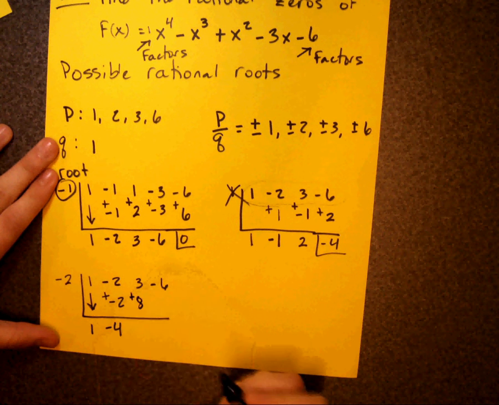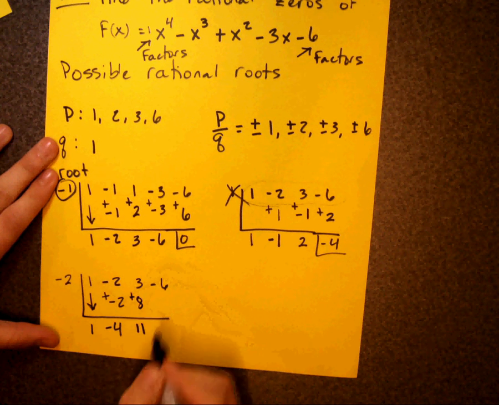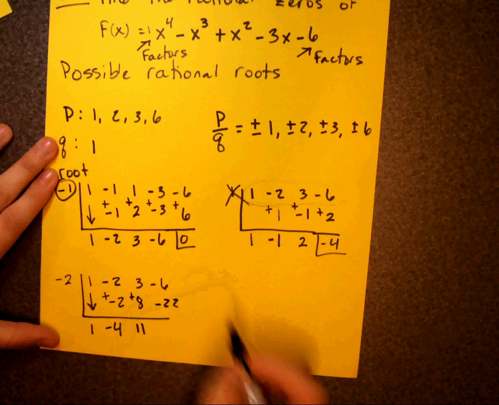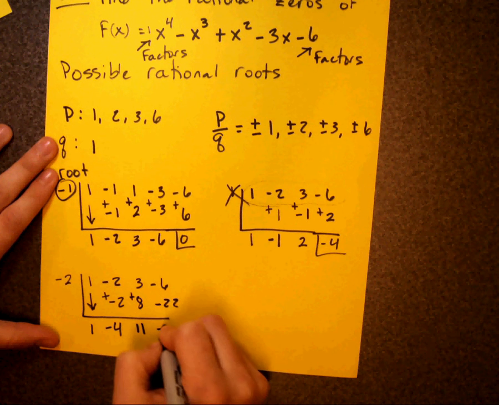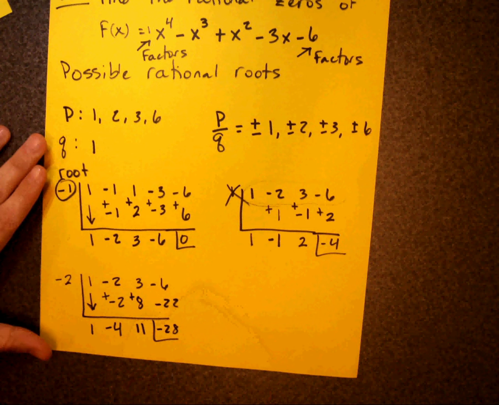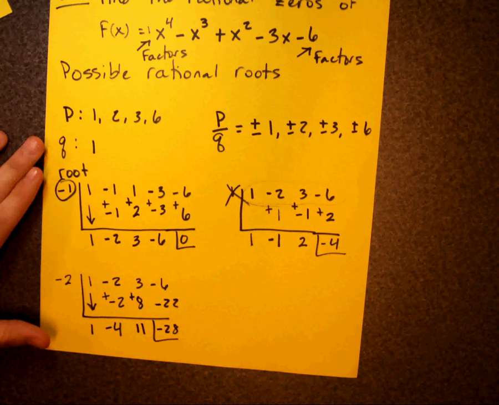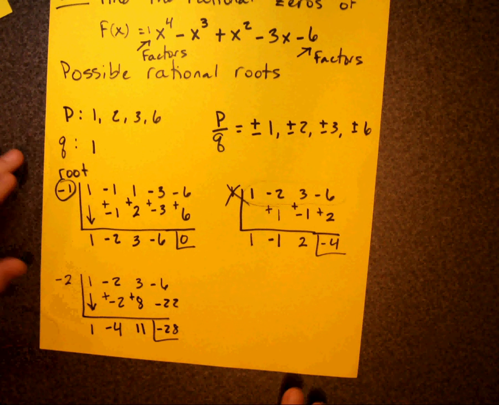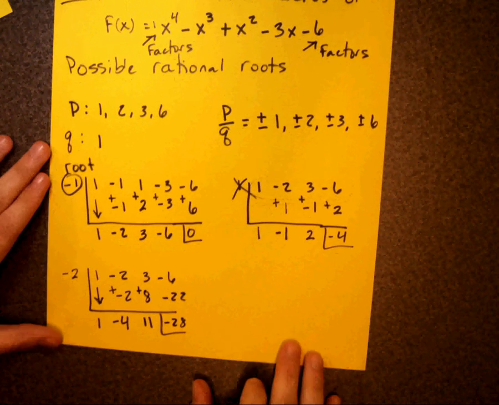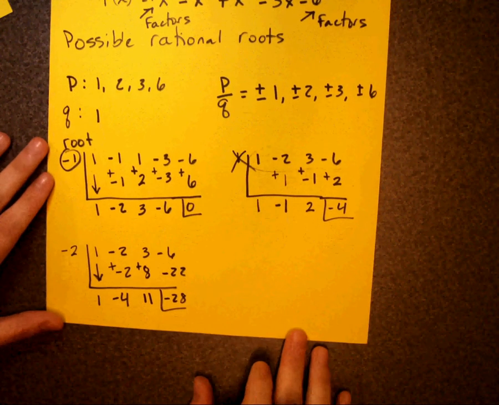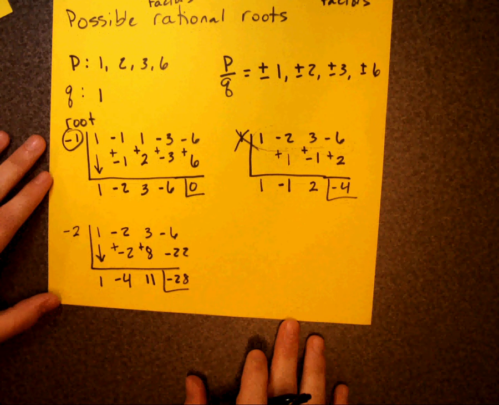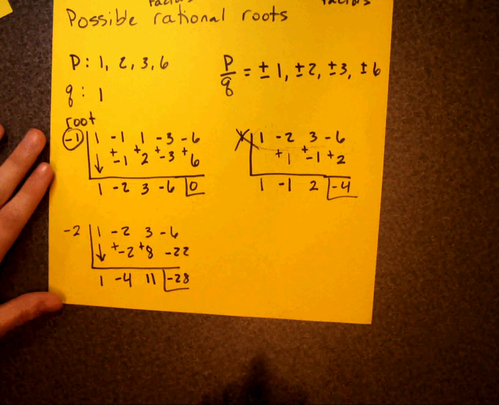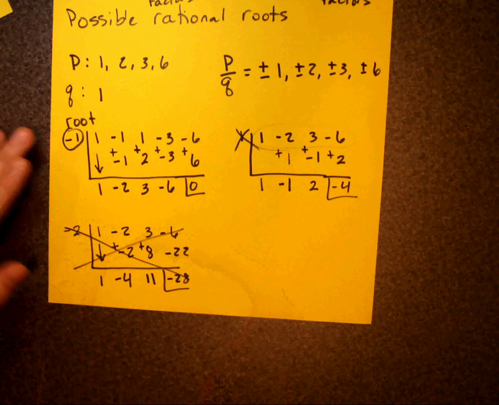Add. And multiply. And I obviously am not going to get 0. What do I get? Negative 28. Are we okay with that? So what does that tell me? Negative 2 is not a root, so get out of here. So I'm going to go on.